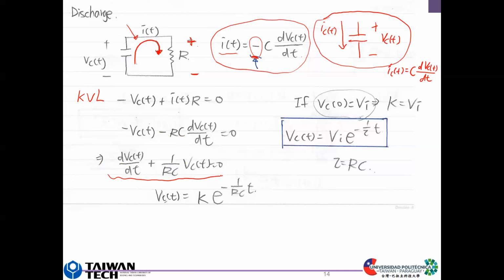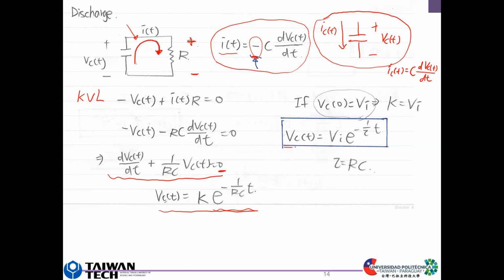Same thing here. This is a first order ODE, and it's homogeneous. It doesn't have a constant on the right side of the equation. So the general solution is this. If we know the initial state, the voltage of the capacitor, and the initial voltage is V_I, then at t equals 0 this whole exponential term is 1, which means K equals V_I.